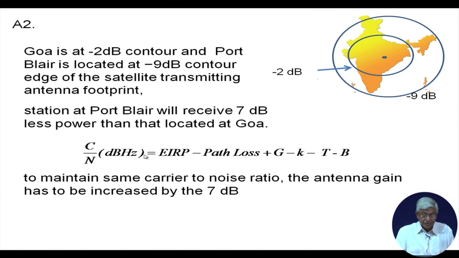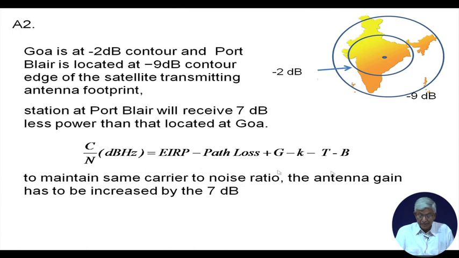Now, try to remember that C by N has to be maintained constant. Here, at both Goa and Port Blair, we want to maintain the constant C by N. And what is C by N? C is the EIRP from the satellite, minus losses, plus receive antenna gain, and N is the KTB.